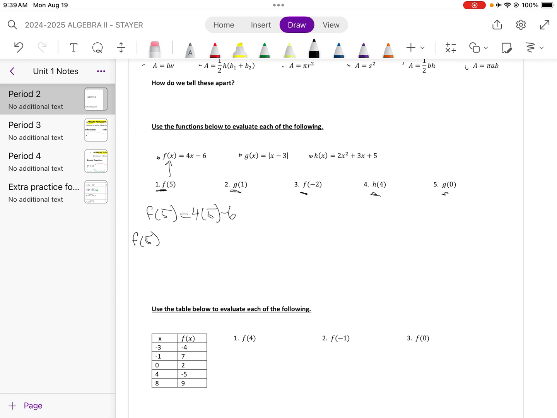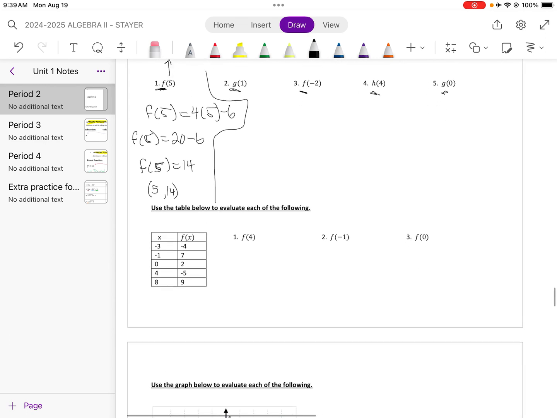So f of 5, and again, just following order of operations, is 20 minus 6, or f of 5 equals 14. Now, each of these here can also be written as a point. So this function notation, f of 5 equals 14, can also be written as 5 comma 14. These are equivalent statements right there. The reason for function notation is because I have a lot of different functions, and I just wanted to know which one to actually plug it into.